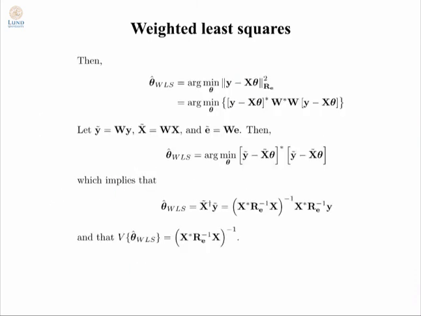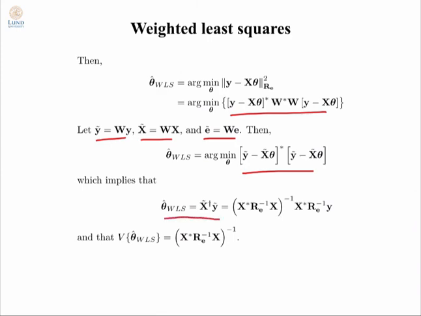Well, the first thing you do is that you rewrite it out, so I have the expression. Then I create two new variables, y tilde, x tilde, and an e tilde, of course, and rewrite the minimization using this expression. Then it turns to this. And what you can see there is that this is exactly the least squares estimator. So I can rewrite my estimate, the weighted least squares estimator, and it will look exactly like this.